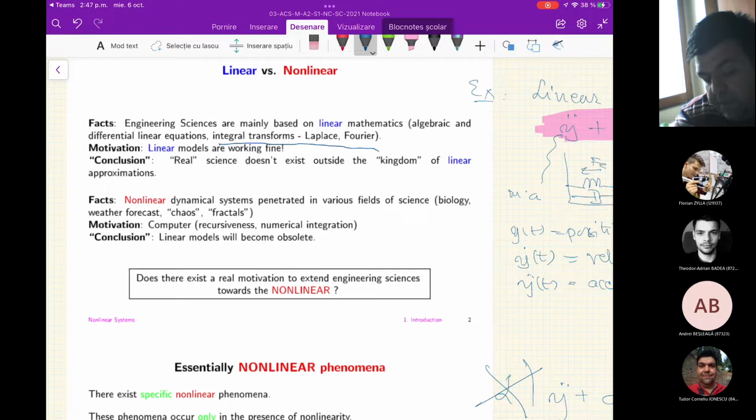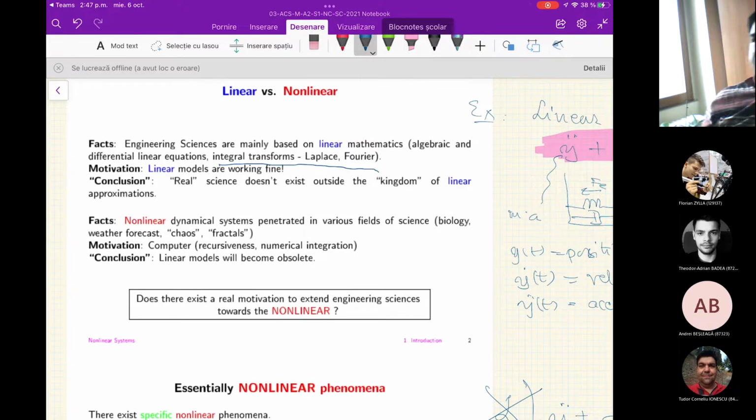For instance, nonlinear dynamical systems have penetrated various fields of science, such as biology, weather forecasting, chaos, fractals, and so on and so forth. Of course, the problem was that even if we can build a very nice theory of nonlinear systems, it's very difficult to compute something on a computer.